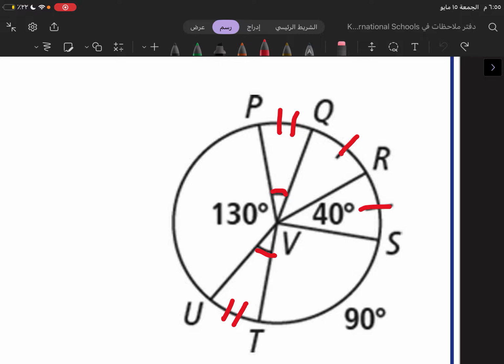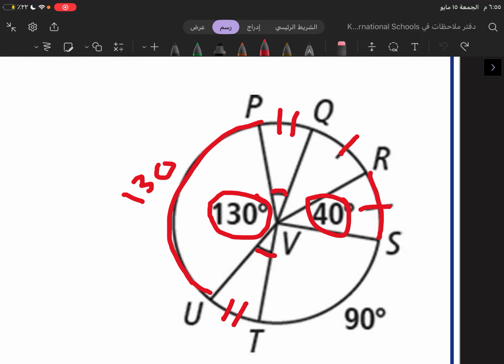Now, we know that the measure of an arc equals the opposite angle. For example, arc BPU, this one, equals how much? The opposite angle, which is 130. So this is 130. Are we good? Good. Also, RS is opposite the 40, so this is 40. And because this is 40, this is also 40.